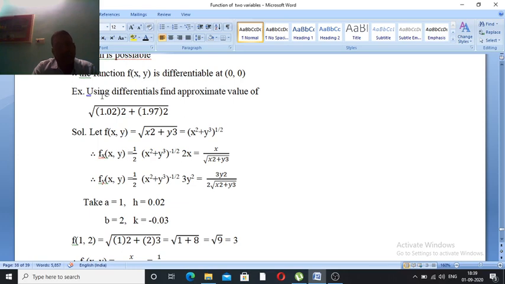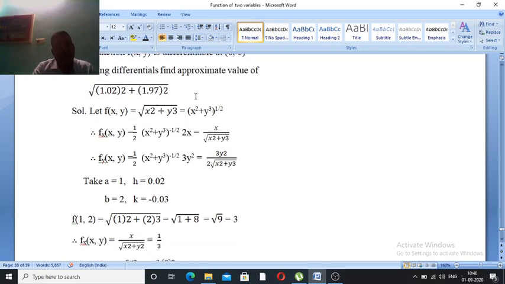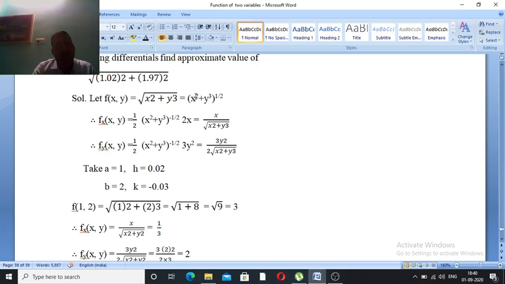Using approximation, using differentials, find the approximate value of under root of (1.02) square plus (1.97) cube.